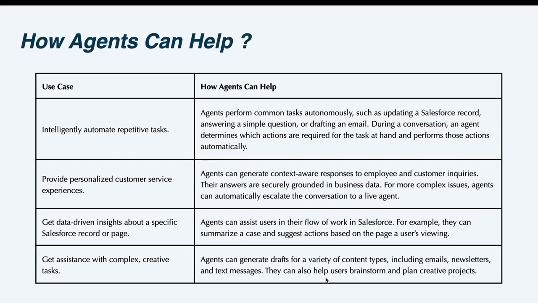So these are just a few examples of how agents can help reduce the workload and increase the efficiency of the team. However, this is just 1% of what it's truly capable of. It's very vast with a wide number of ways of how it can help and increase the productivity of the team. Now let's go ahead and look at the other components as well.